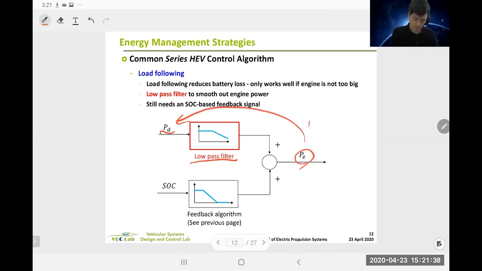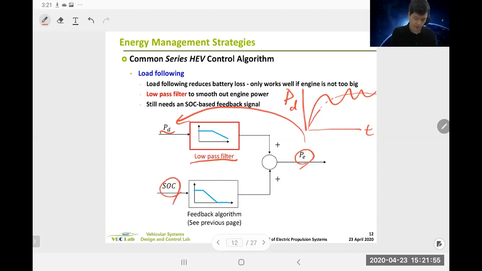So if you have something like this, then the engine will sort of do this.